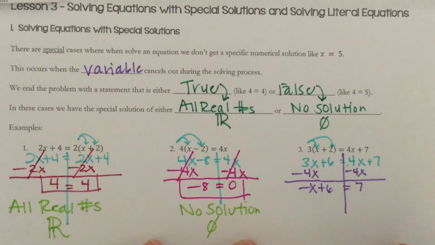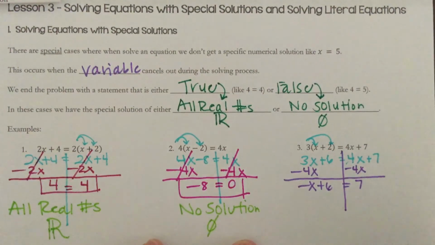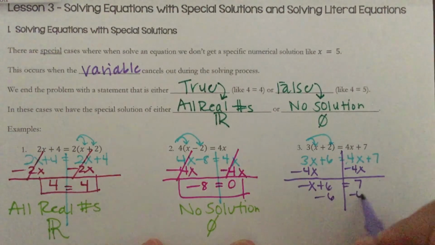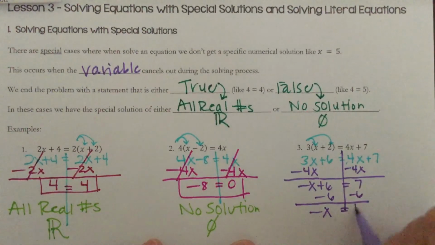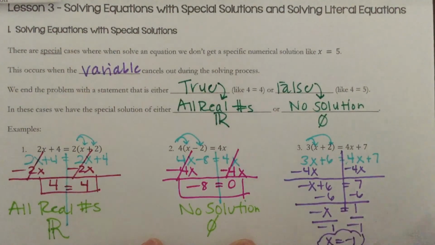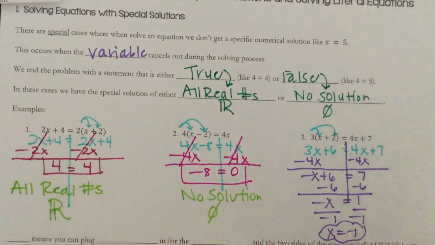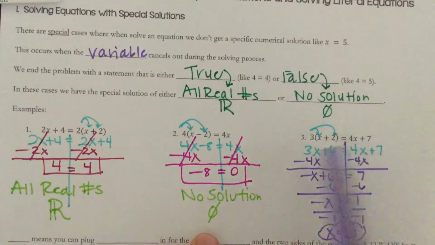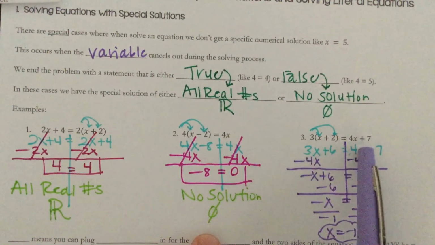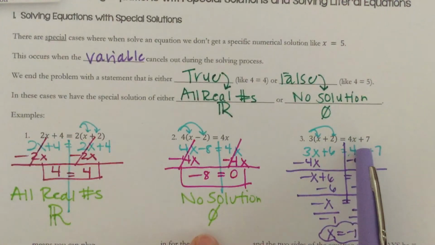This is more like the problems we've been working with. Move the 6 to the right. -x equals 1. And when I divide, I get a specific value for x. I see that x is equal to -1. Meaning that is the one and only solution I can plug in that will make the left-hand side equal to the right-hand side. Quick summary.